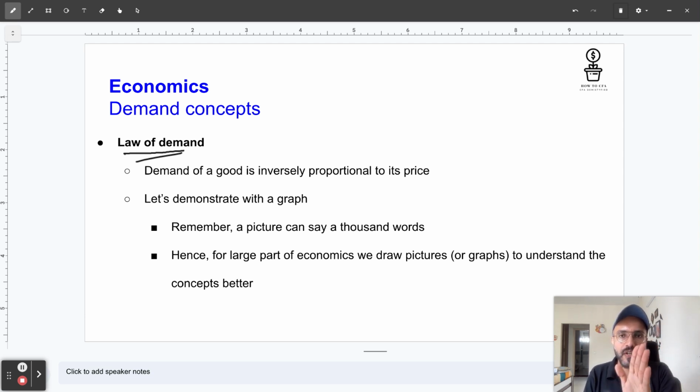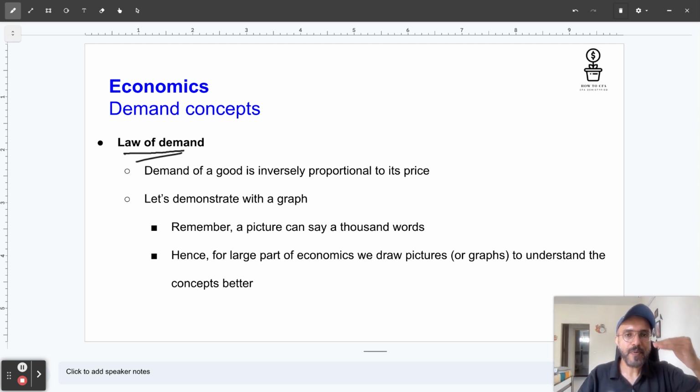Now, say on a Big Billion Day on Amazon, the price of this good drops to 8,000, with cashbacks, coupons and bank discounts. Will the demand during Big Billion be higher or lower than the initial demand? Of course, higher, because at a lower price, the demand for the good is higher.